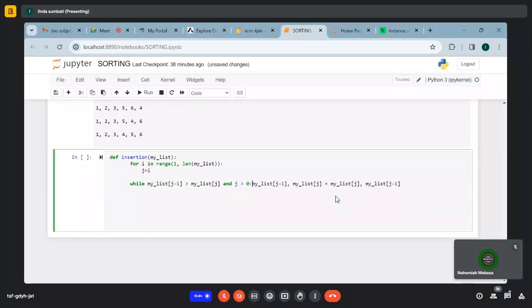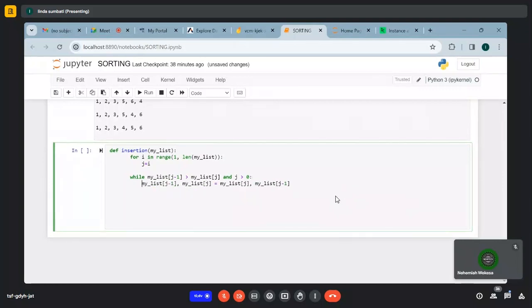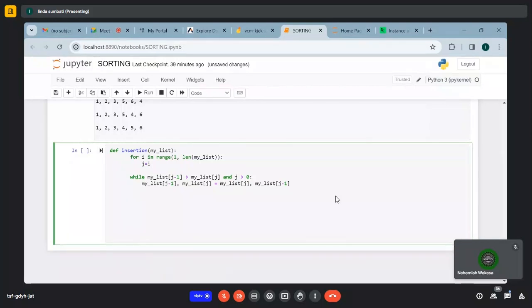Are you people there? Yes, we are here. So the condition of j greater than 0 needs to be there, because when it's iterating, it makes sure that our j is greater than 0. Then my list j minus 1 is greater than my list j. Then if that condition is fulfilled, it should work. There's no need of saying return this or return that.